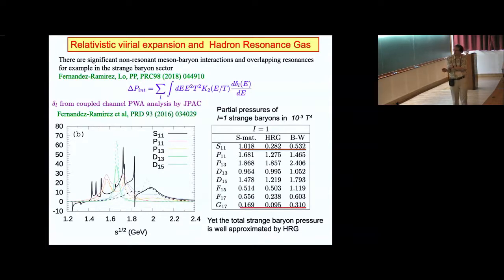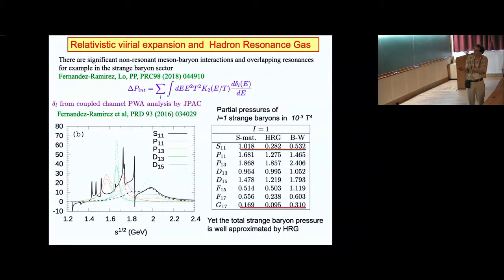So the solid lines are the exact phase shifts, or the exact spectral density, just calculated numerically from the available lookup tables. And then when you know where the resonance positions are, you could try to approximate them by Breit-Wigner, which is shown as a dashed line.